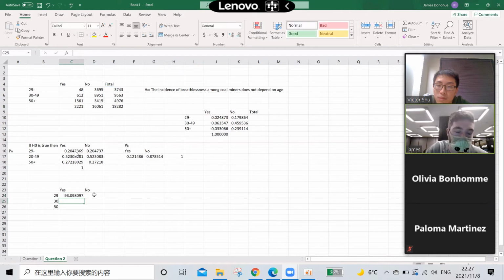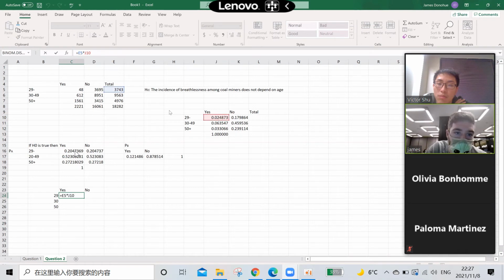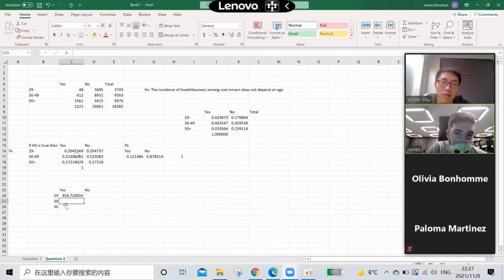No, you use your probability times the total number of people. Right, because we're calculating the probabilities. I just select a random person, and he has like a 2.4% probability of being both under 29 years old and having the problem of breathlessness.